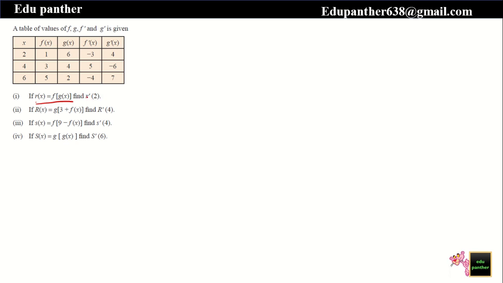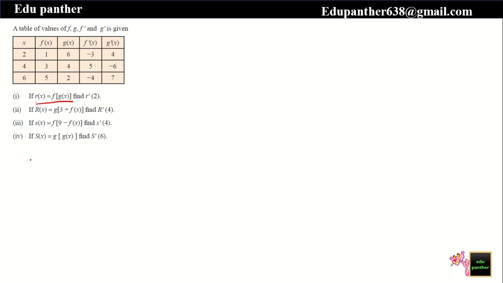Now what is the meaning of r dash of 2? This dash means derivative of function r and this 2 means evaluating the derivative of function r at point 2. Similarly in the second question, derivative of capital R evaluated at point 4. Similarly s dash of 6.